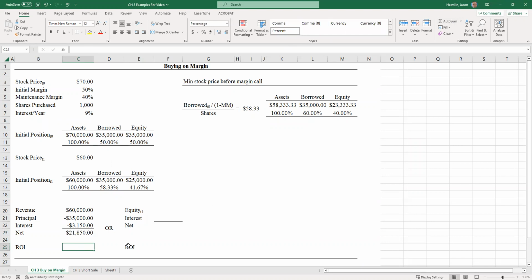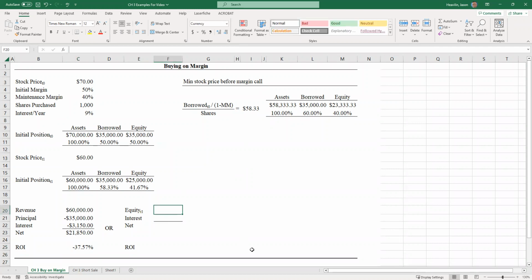So what's your return on investment? Well, you take the net divided by the amount that you originally started. We'll put a -1 there to get your percentage. And that's your 37.57% negative. So you had a loss of that amount.